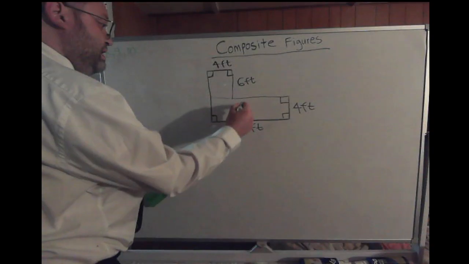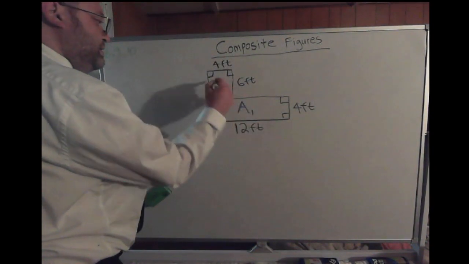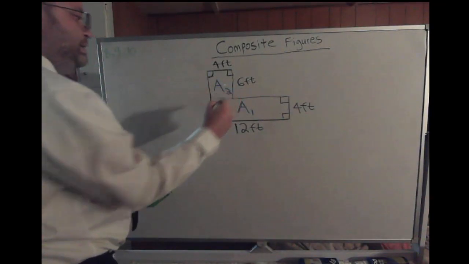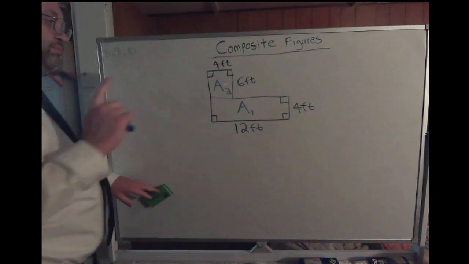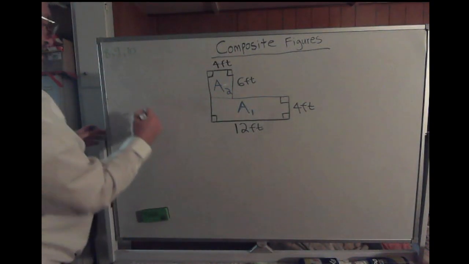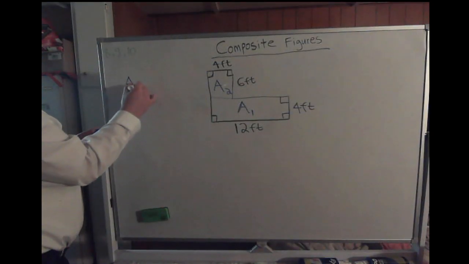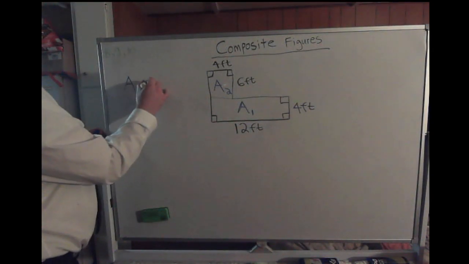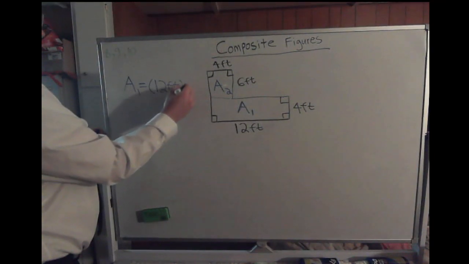So this will be area sub 1, this will be area sub 2, because we want to find the area of each of these rectangles separately first. So area 1, that's equal to the length times the width, which would be 12 feet times 4 feet.